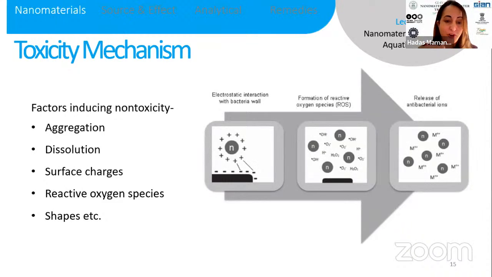Also, as said before, there can be impact on the nucleic acid by direct interaction with the DNA. So for example, if we look at this image, we can have electrostatic interaction with the bacteria wall. We can have formation of reactive oxygen species, such as hydroxyl radicals, superoxide radical anion, and hydrogen peroxide.